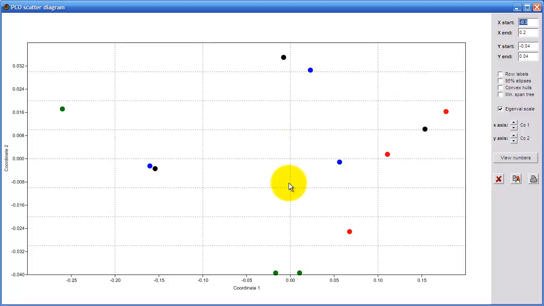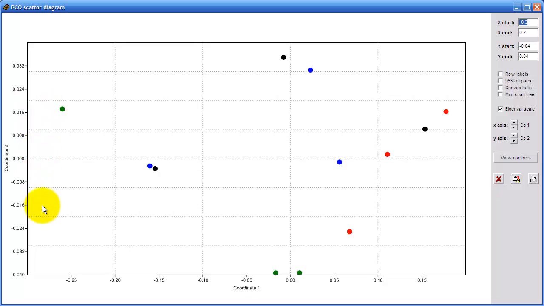Now, note first of all the axis scaling down the bottom. It goes from minus 0.25 to positive 0.15. The side axis, the y-axis, is working with much smaller numbers, minus 0.03 to 0.02.